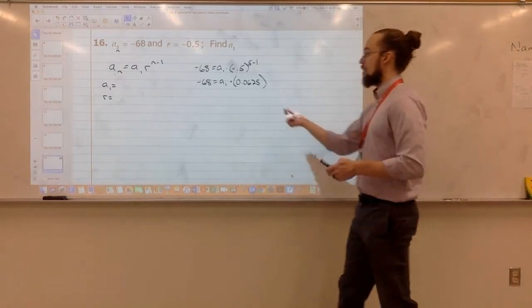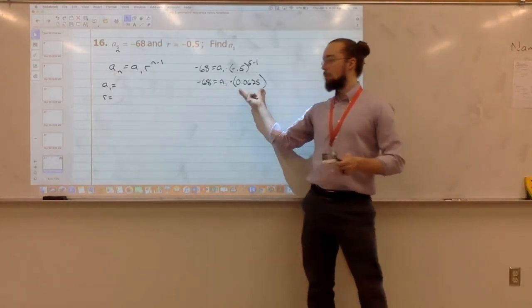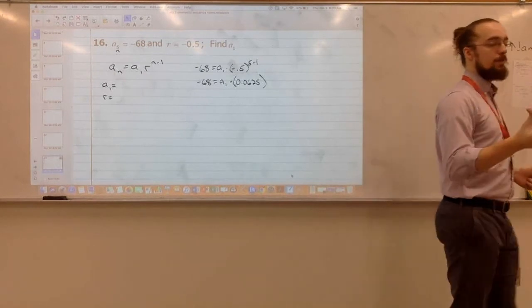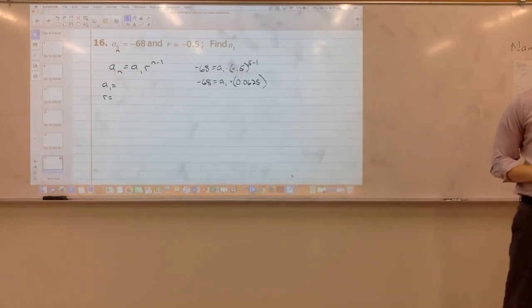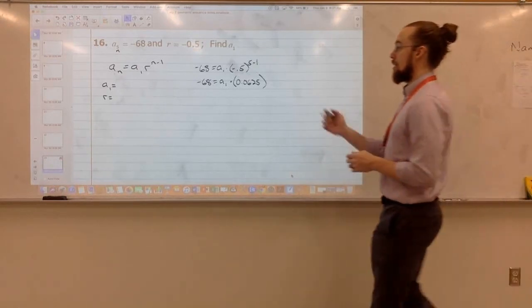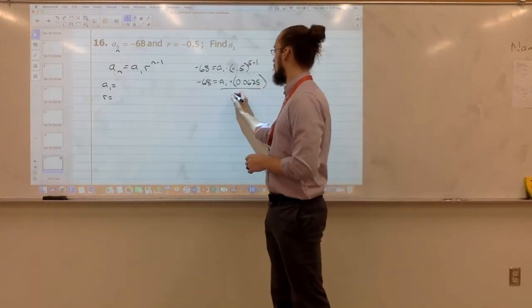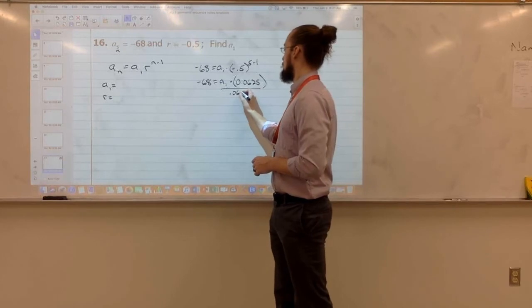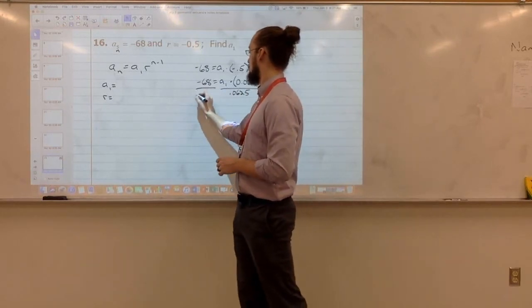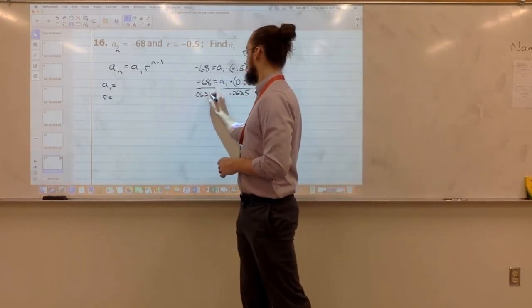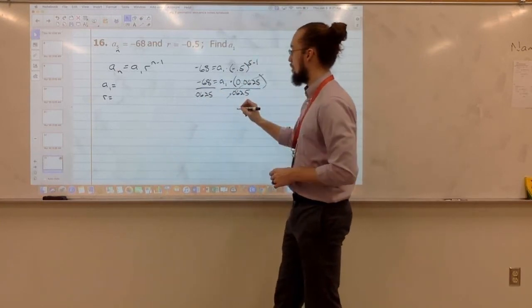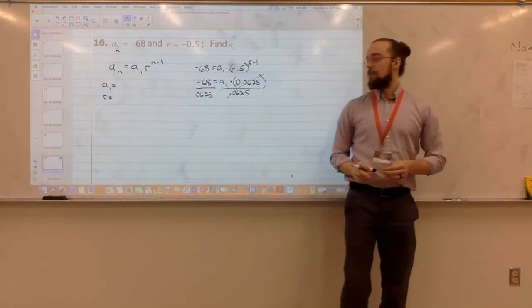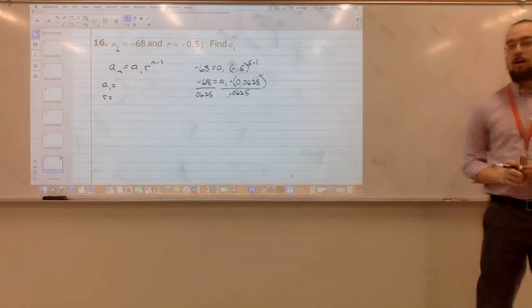If I'm multiplying a sub 1 times this number, how do I get a sub 1 by itself? Divide. Yeah. I'm just going to divide both sides by this 0.0625. So over here, those cancel out. What's negative 68 divided by 0.0625?